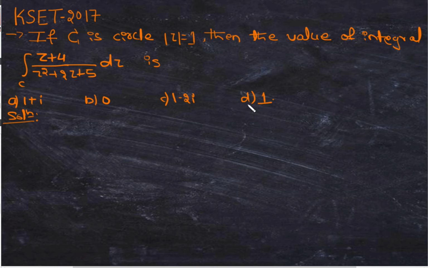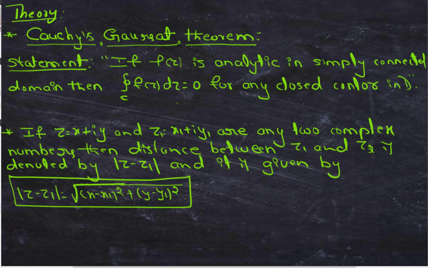Now we see the background of this example. Let us see the theory. The Cauchy-Goursat theorem states: if f(z) is an analytic function, what do we mean by an analytic function?